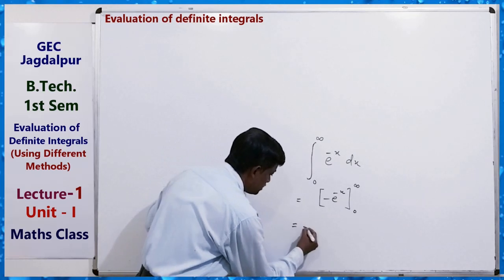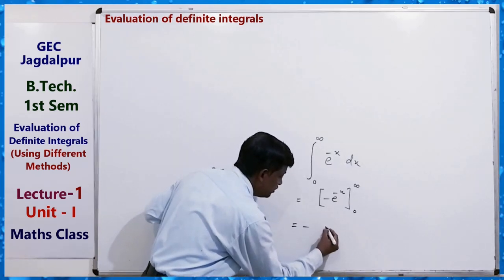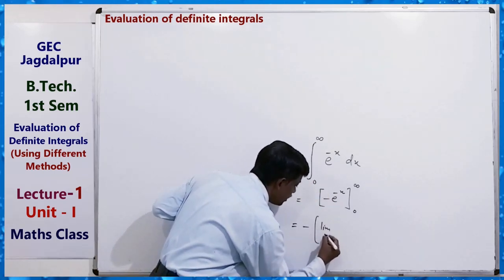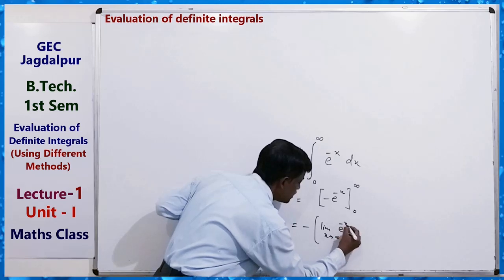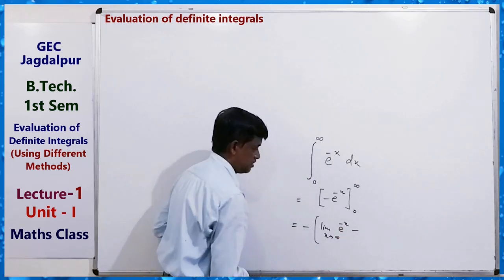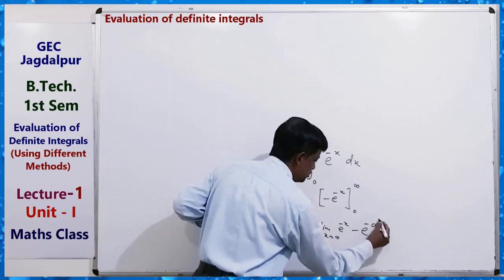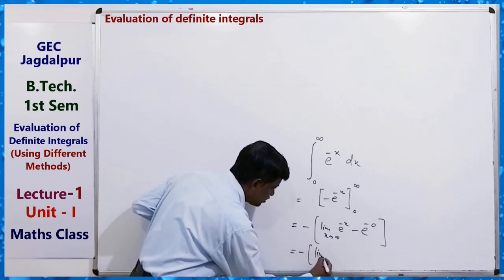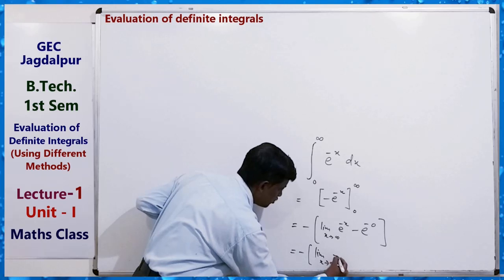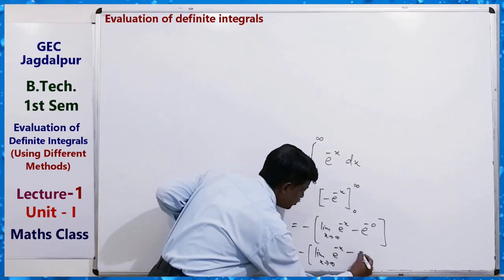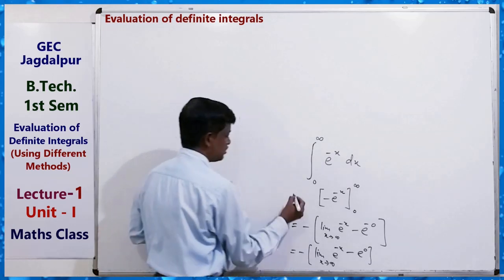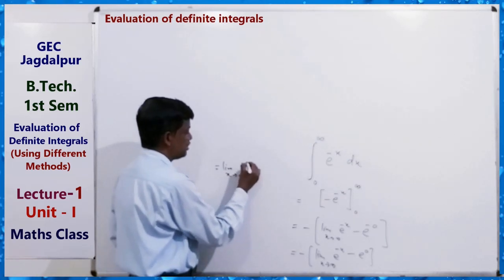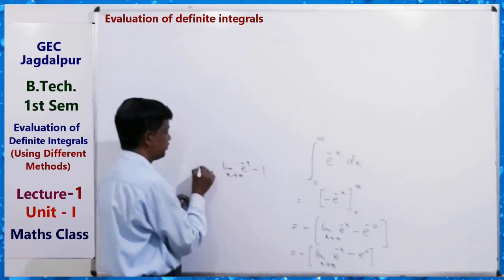Minus is outside, so we write limit x tending to infinity of e to the power minus x, minus outside, e to the power minus 0. 0 is a definite value, so you can write it. And now this limit x tending to infinity of e to the power minus x minus e to the power 0, that is 1. So this is equal to what? Limit x tending to infinity of e to the power minus x minus 1. Okay, minus of this.